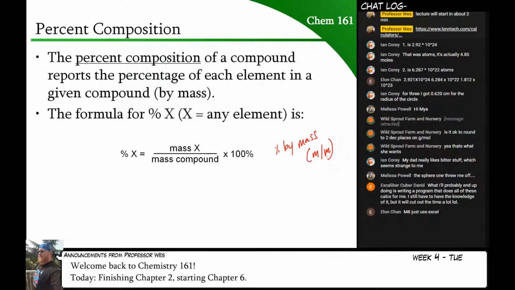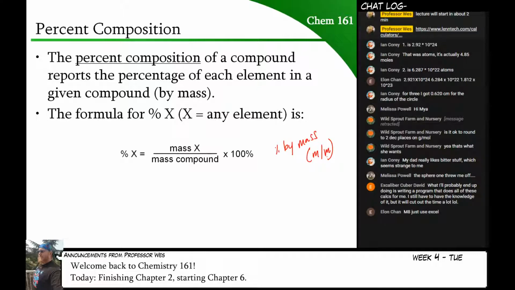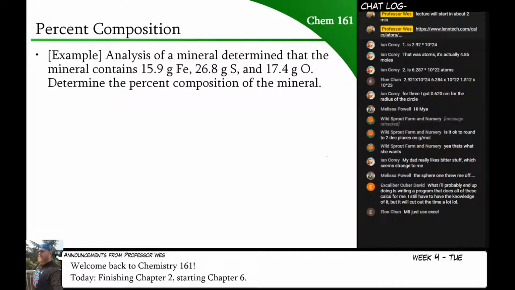All you do is take the mass of whatever it is you're looking for, divided by the mass of the compound times 100%. That's easy enough to do. So let's do an example here. I have a mineral of some sort, and it contains iron, sulfur, and oxygen. I have decomposed it down into its constituent elements, and these are the masses that I got. What's the percent composition of the mineral?